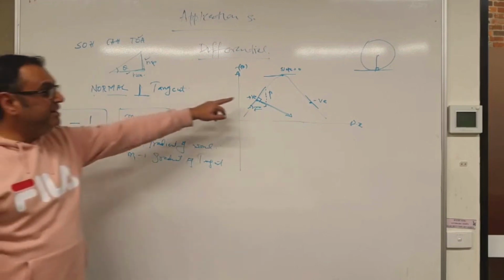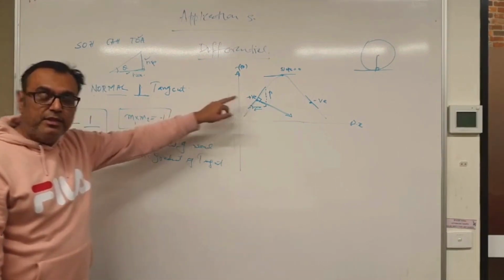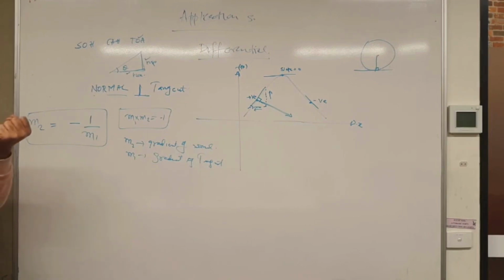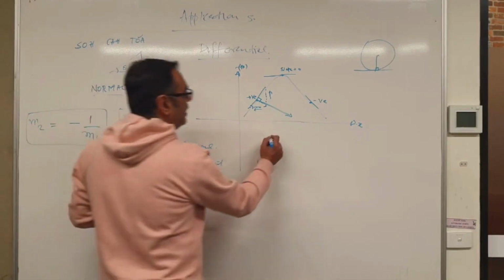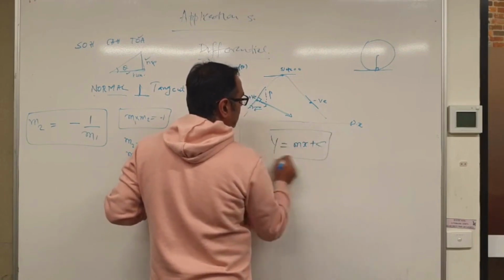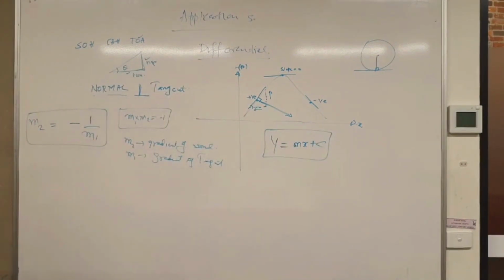You find the derivative at that point. You then invert it with a negative, reciprocate it with a negative. So now you have the gradient of the normal. And then you will apply y equals mx plus c, the equation of the line, to find the equation of the normal.